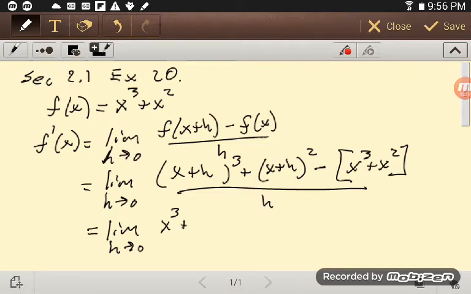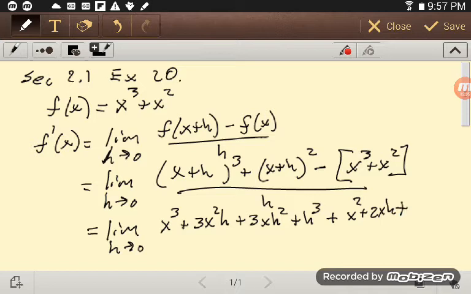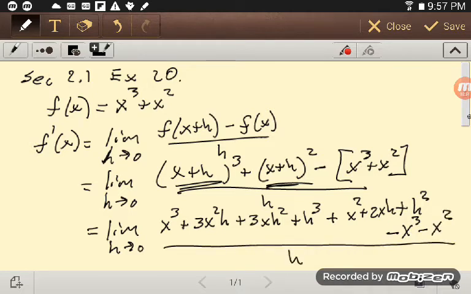It's x cubed plus 3x squared h plus 3xh squared plus h cubed. And then we have plus x squared plus 2xh plus h squared. So that took care of those two items. Now minus, I'll have to get ugly here with the minus x cubed and minus x squared, all divided by h.